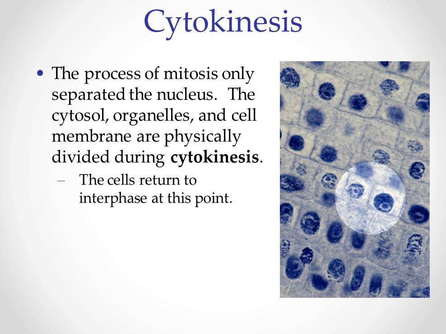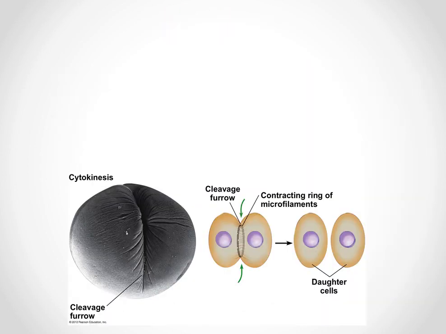Individual cells. Okay, so again, mitosis: prophase, metaphase, anaphase, telophase. Those are the 4 steps for mitosis.